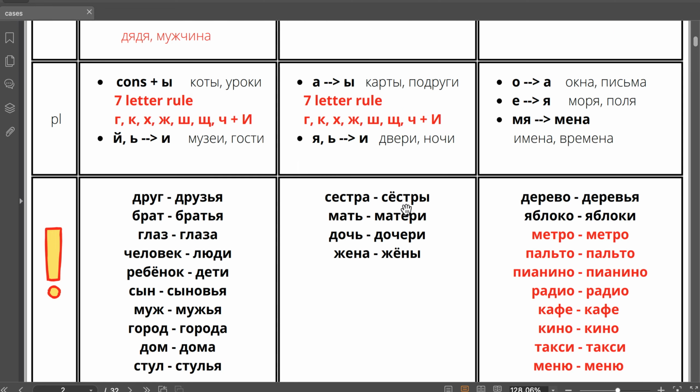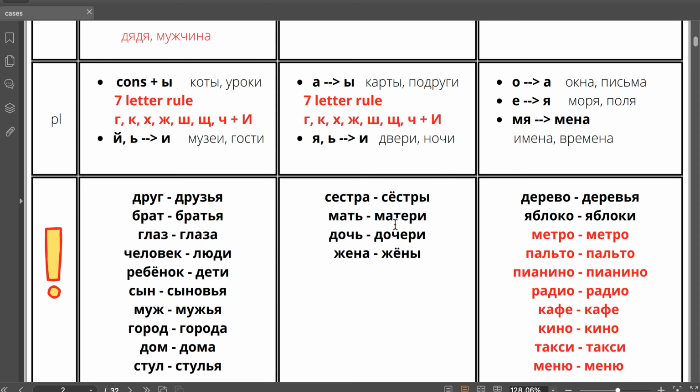Let's read. Sister, sisters. Сестра, сестры. Why is it irregular? A becomes ы, everything is correct, but we change the vowel in the middle. That's why it's a little bit irregular. Next one is mother, mothers. It's important that mother is an exception, but mom, we say мама, is a normal, regular one. Only мать, the formal, official one, is irregular.